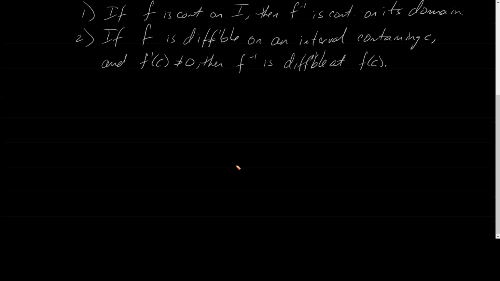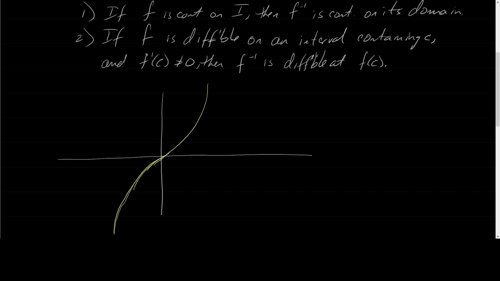All right, so let's get a visual. Let's say that this right now is f of x, something like this. One thing to recall about a function and its inverse is that they're symmetrical about the line y equals x.